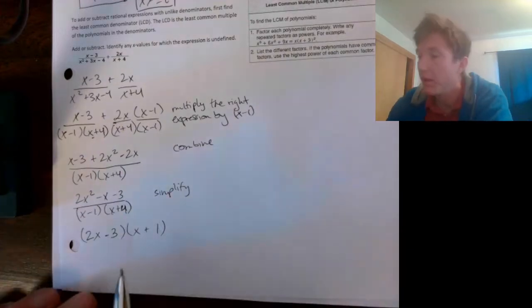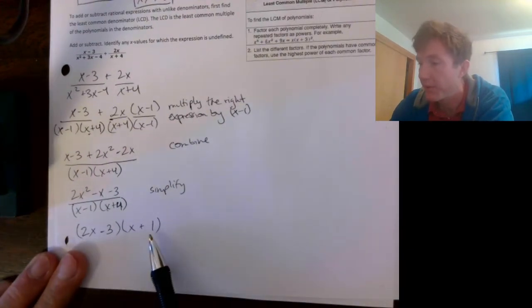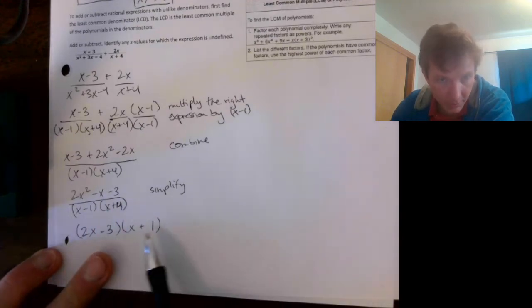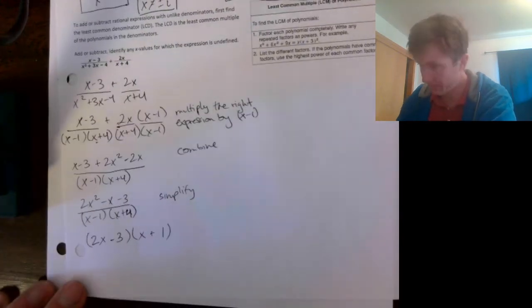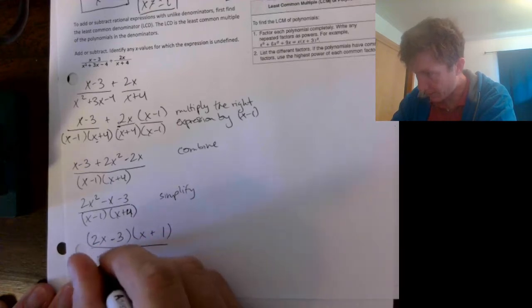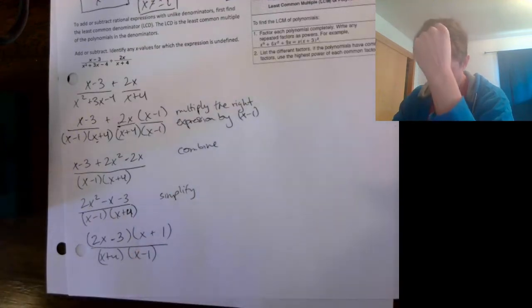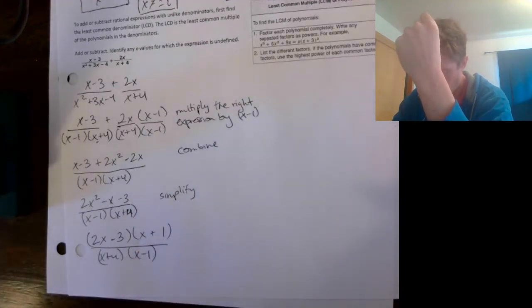So then I should have positive 2x minus 3x, it gives me the negative x, and then negative 3 times 1, it gives me the negative 3. This is over x plus 4 over x minus 1. Oh, what did I do here?